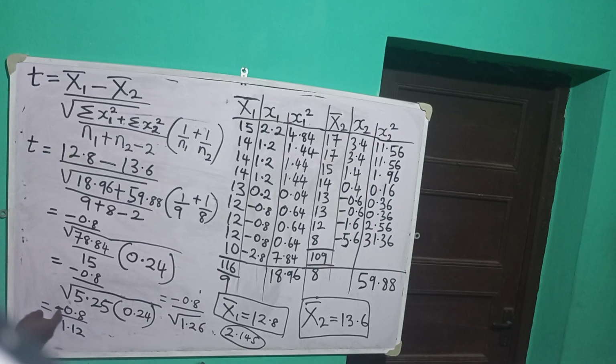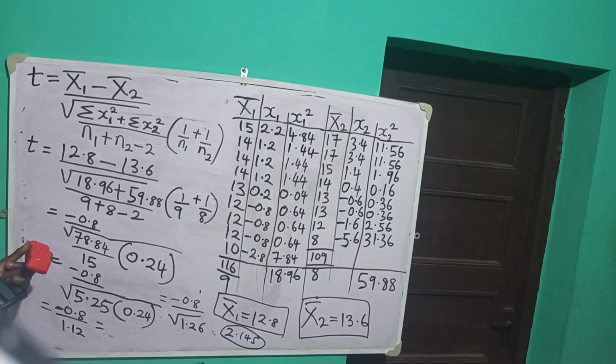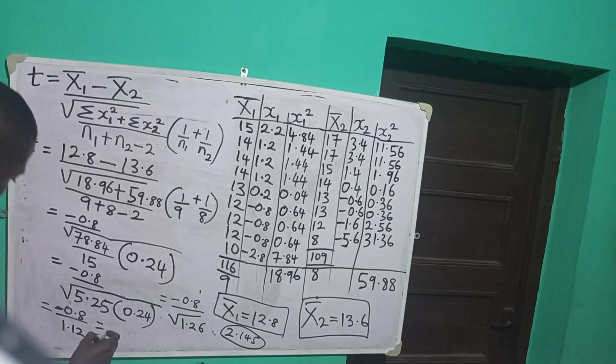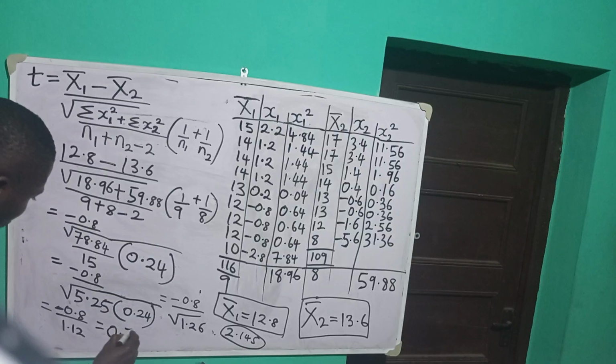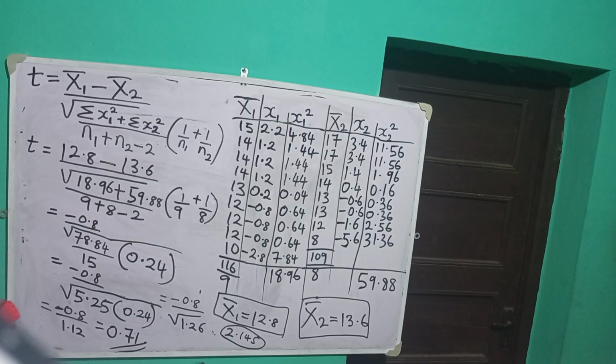The negative sign goes away, because in the t-test negative signs are neglected. So 0.8 divided by 1.12 gives me 0.71. So this is my answer.